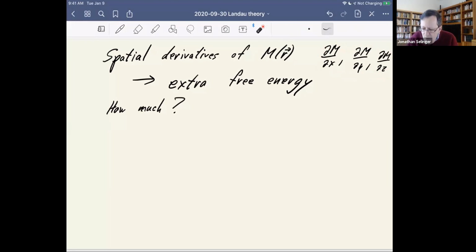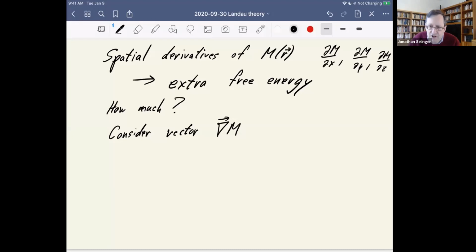Well, one thing is we could say, let's characterize these derivatives by a vector. Right? So let's consider the vector of gradient of m.